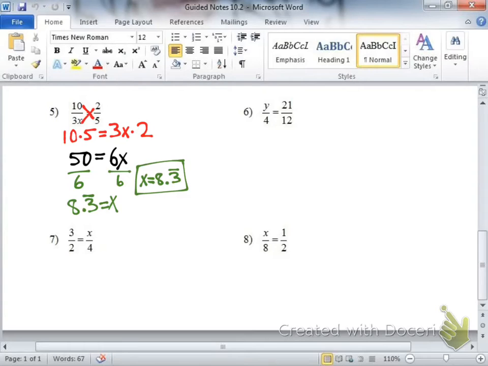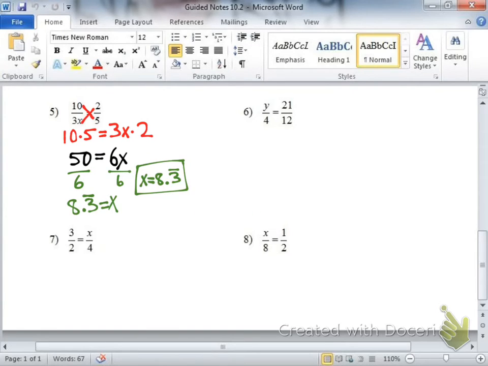I will caution you though, I feel like I will shortchange you if I don't make this little public service announcement. Some algebra teachers do not like decimals. So you might have an algebra teacher in the future that would make you simplify this fraction right here instead of making it a decimal.